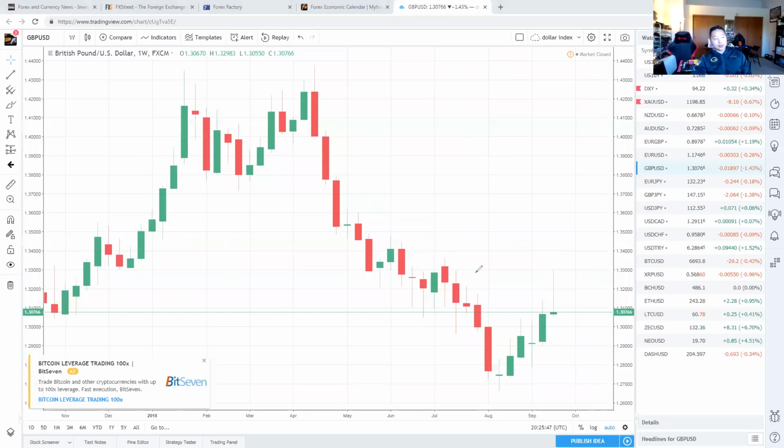It's tough because it makes you want to sell it, and yes, it is going to be a sell, but eventually once they announce some kind of special deal, they're going to rally the pound up out of nowhere.